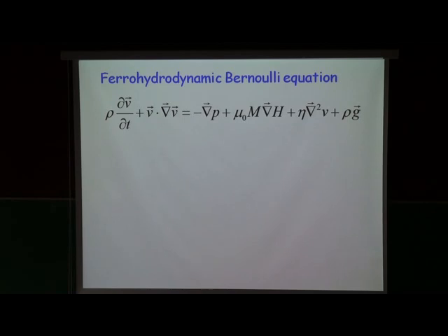Anyway, thanks a lot. Well, so I finished with this model. There is something called a ferrohydrodynamic Bernoulli equation. And this is the standard Bernoulli equation plus some magnetic terms. So here you see a derivative of the velocity.